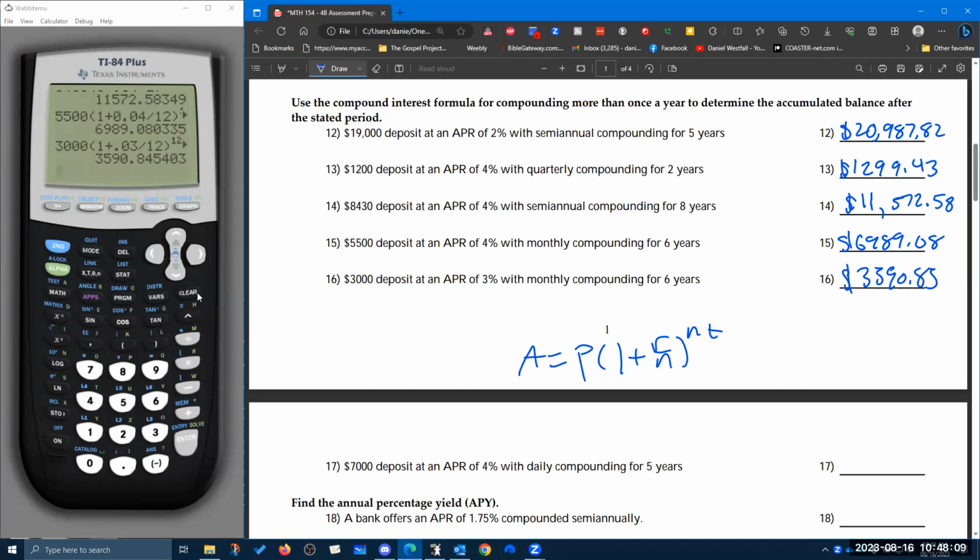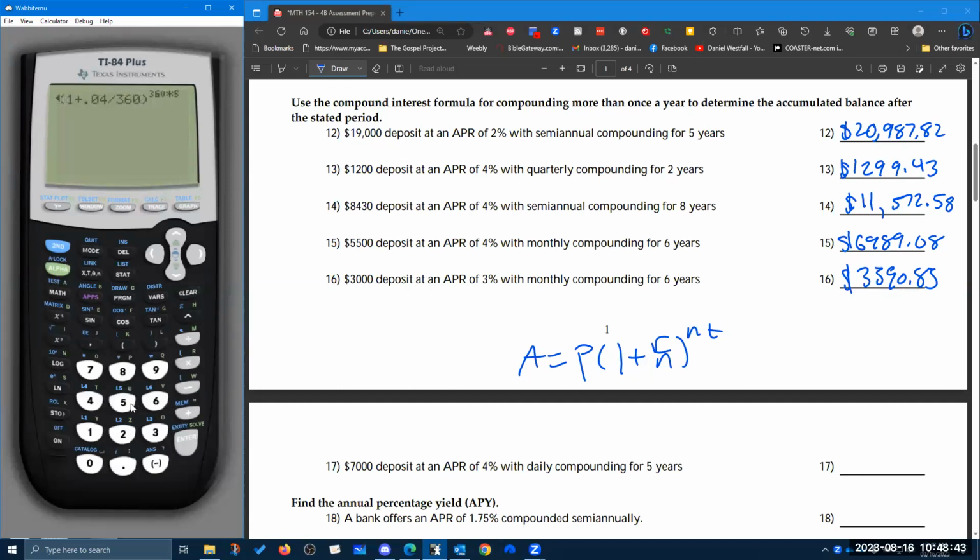And for our last problem in this section, we're going to put $7,000 on deposit at an interest rate of 4%. It's compounded daily. So we're going to use the banker's rule here, and we're going to use 360 compounding periods in a year, raised to the 360th times 5.